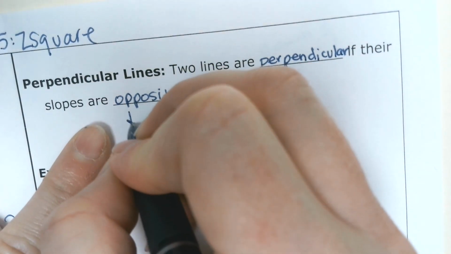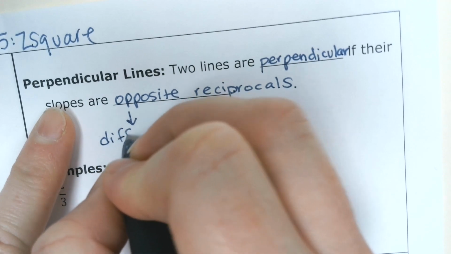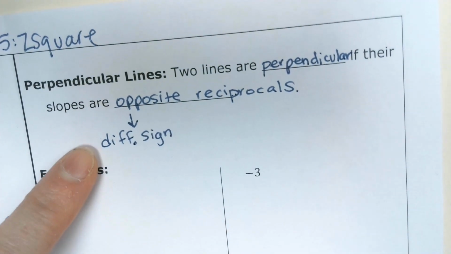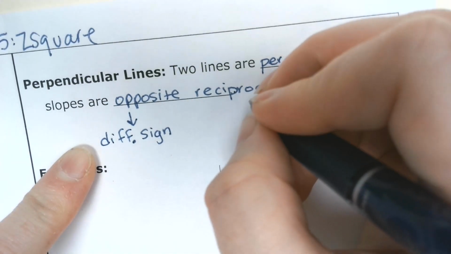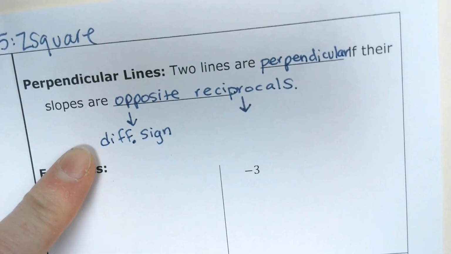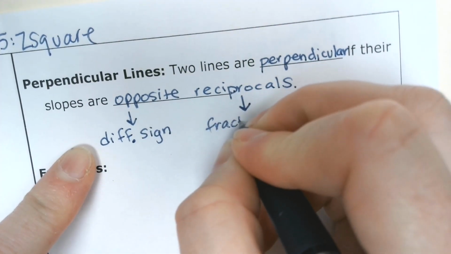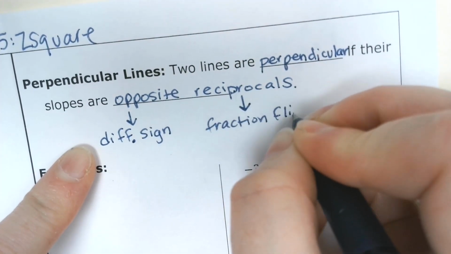Opposite means different sign. So one's positive, one's negative. Reciprocal, I told y'all that was my favorite word a while back. Reciprocal means that the fraction is flipped.